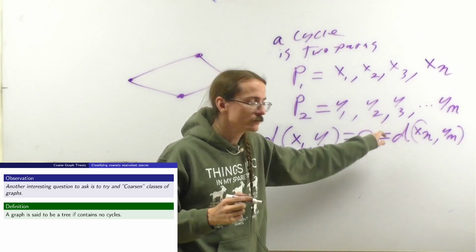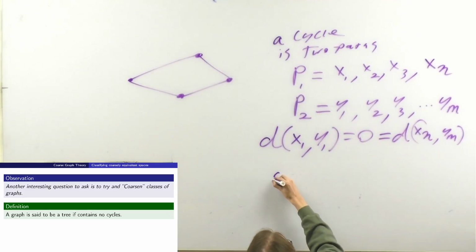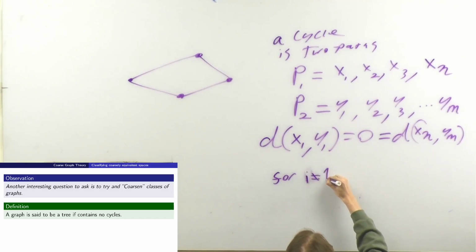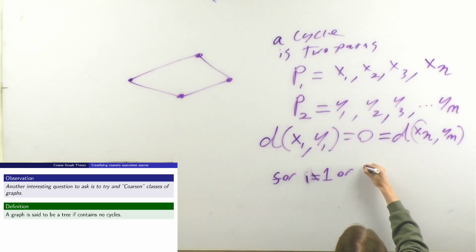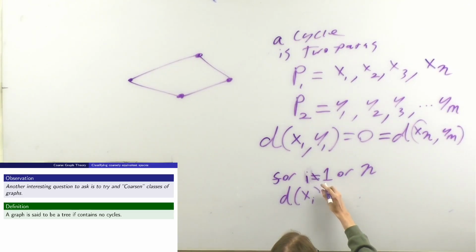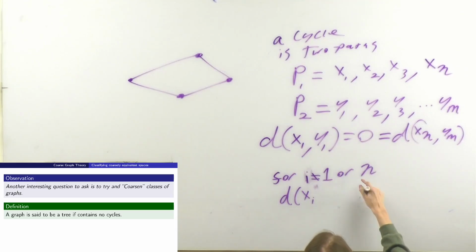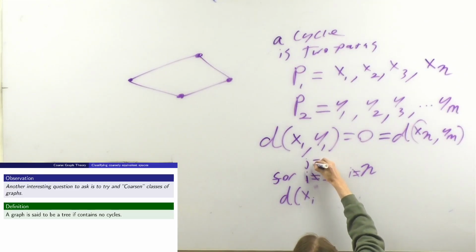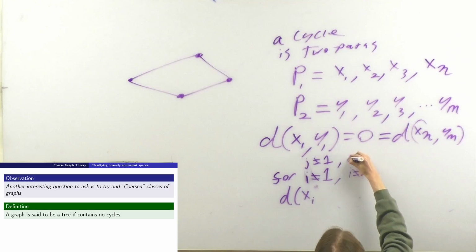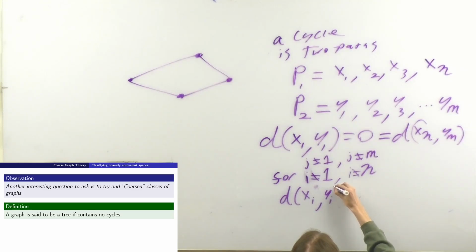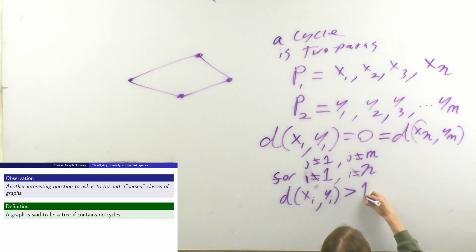What does that mean? Well, that means that for let's say i not equal to 1 or n, then the distance from xi, for i not 1 and i not n, and then let's pick a j not 1 and a j not m, the distance from xi to yj is greater than 1.